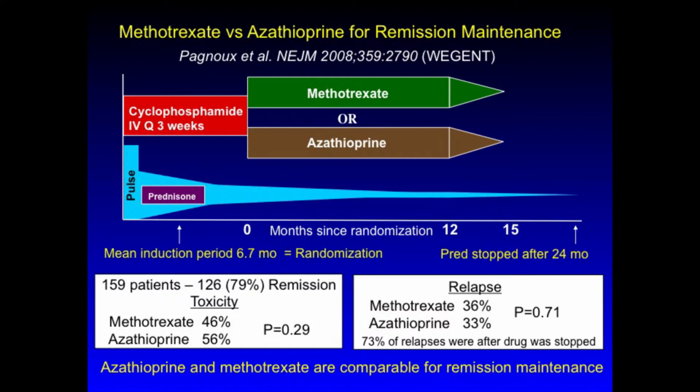This study was actually designed to look at a primary endpoint of toxicity, and we can see that there was no difference between these drugs. And we can also see that there was a similar rate of relapse between methotrexate and azathioprine. Interestingly, though, 73% of the relapses that were observed occurred after the drug was stopped. But this again provides evidence that azathioprine or methotrexate are comparable in terms of remission maintenance, and therefore can be selected between the patient and their physician as far as which of these may be the best choice for that individual.